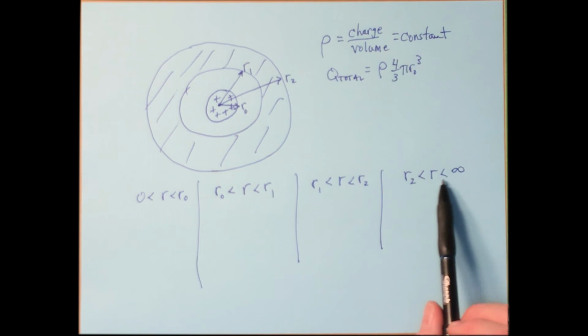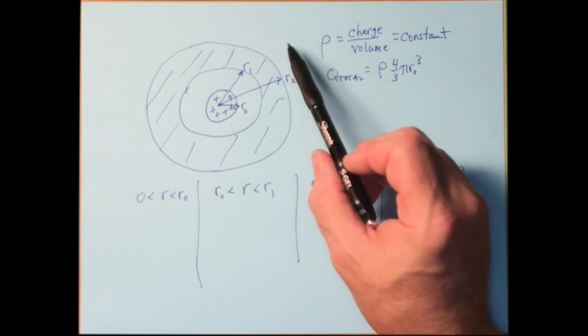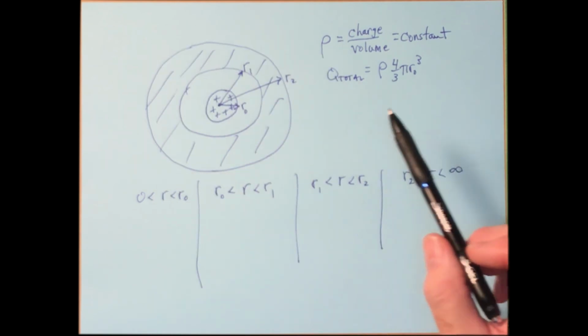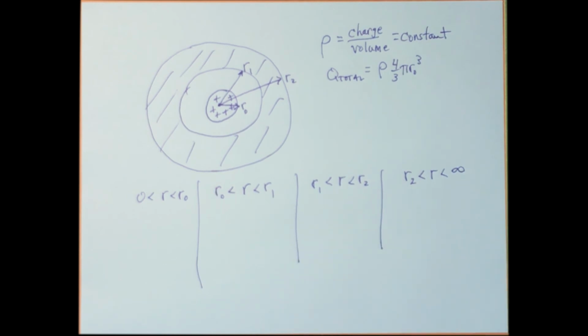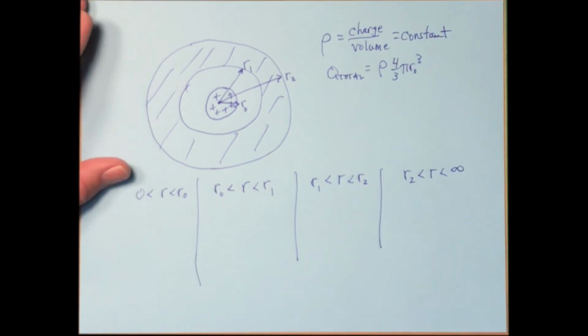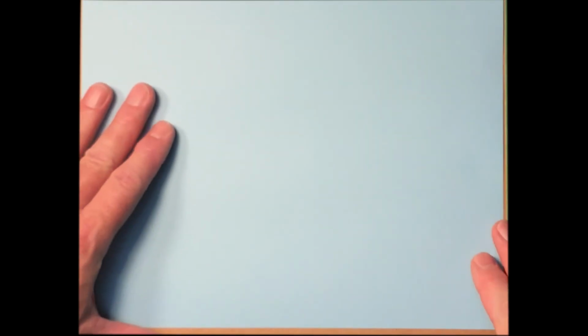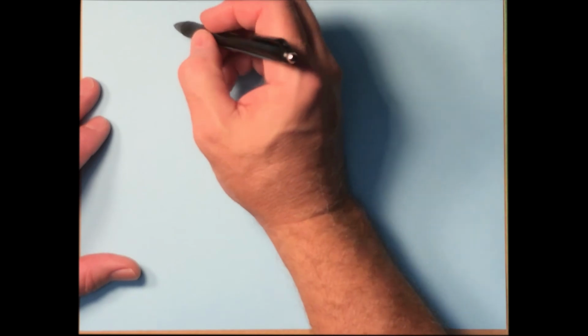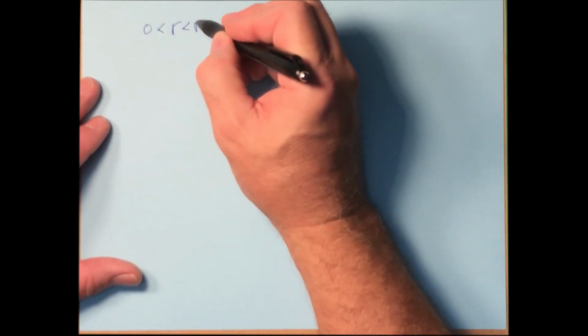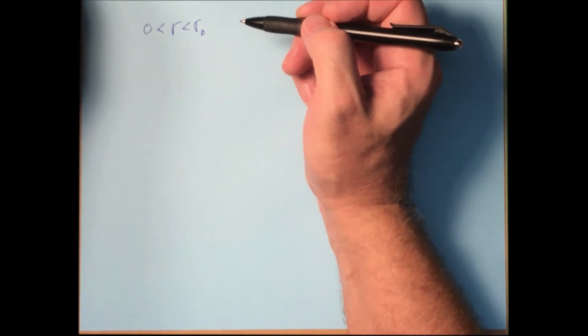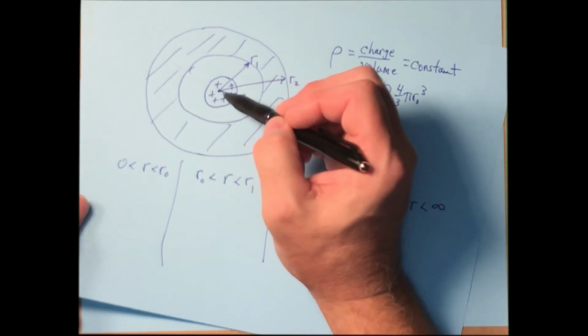And then we need to do another Gauss's law problem for what's outside when we get into the exterior of this. Okay, so let's work each one of those individually. And I kind of need to make some room here and start on another sheet of paper. Let's begin with the region between 0 and R0. All right, this region right here.